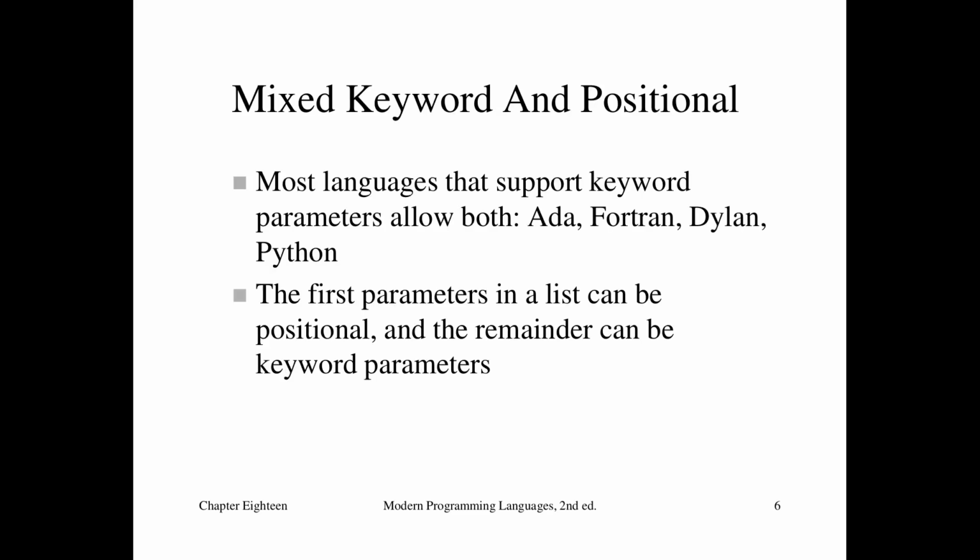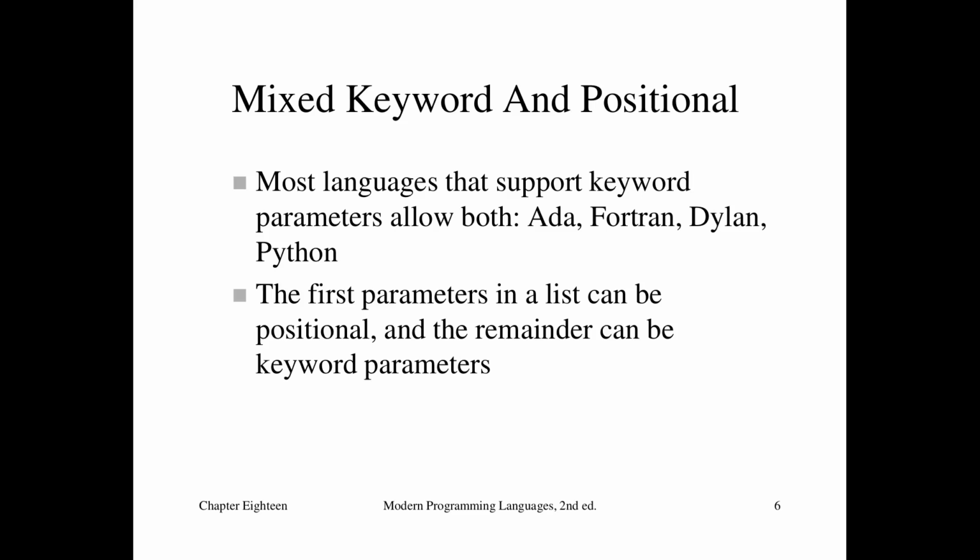Furthermore, we can also mix and match these 2 approaches, right? Most languages that support keyword parameters allow both positional and keyword. So these include Ada, Fortran, Dylan, Python, Groovy, and a few other languages. The note is that the first parameters in a list can be positional, but the second you start using keyword-based parameters, the rest have to be keyword.